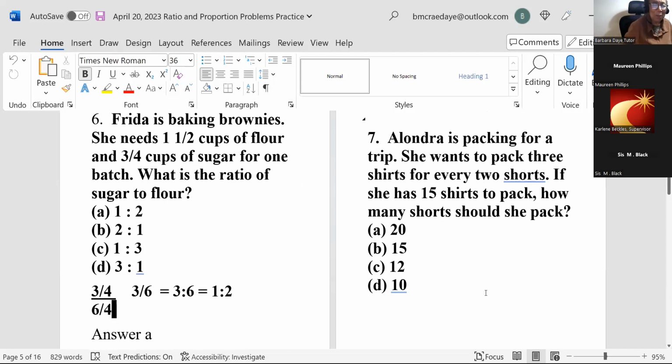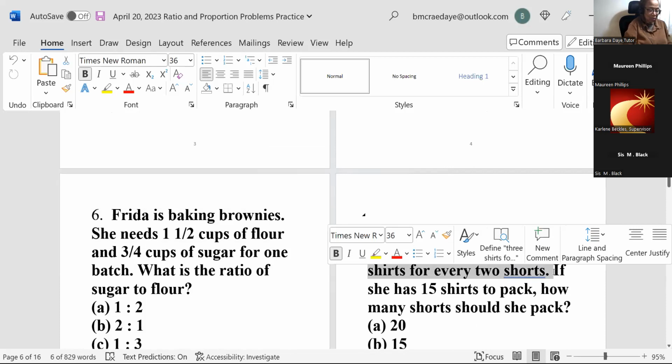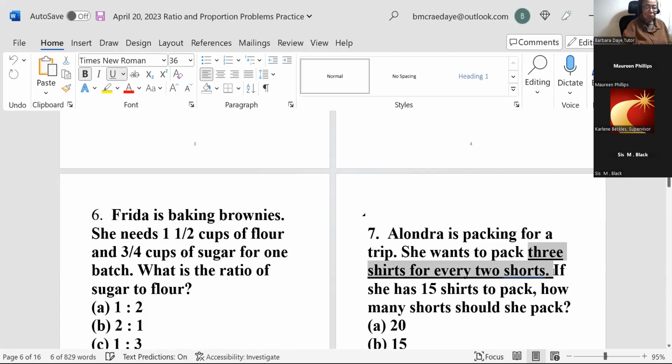This is a ratio proportion. You got a ratio: 3 shirts for every 2 shorts. There's your ratio right there. Now you got 15 shirts to pack.